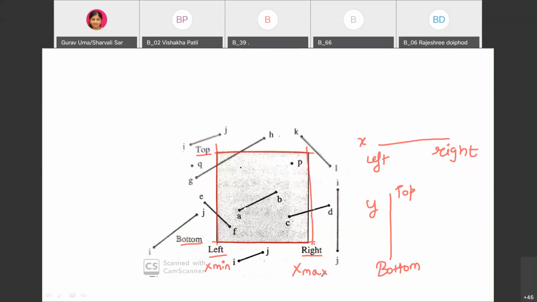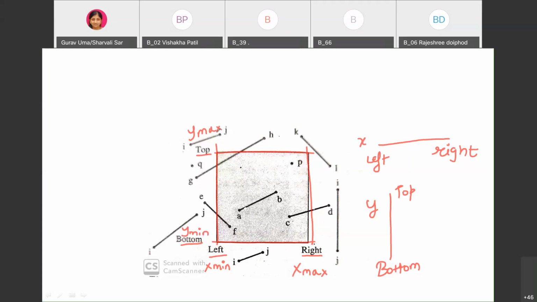If we consider the y-axis, then my bottom side will be y min, and my top side will be y max. We have just assigned the maximum and minimum values.